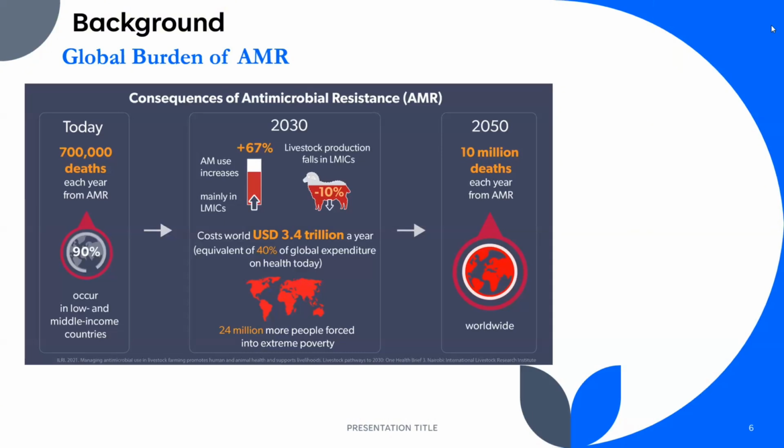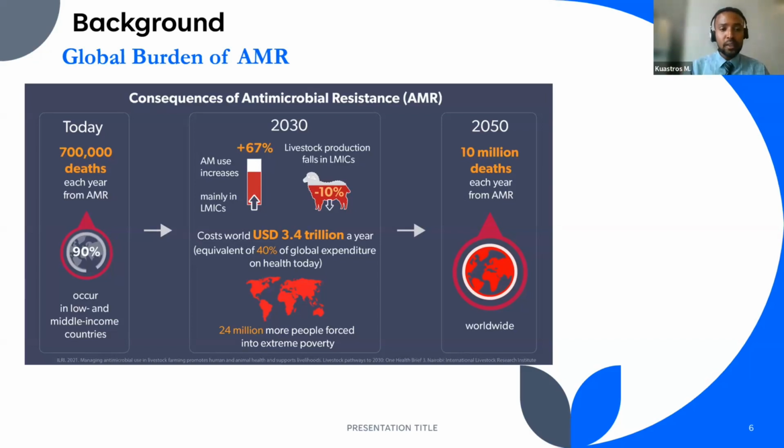And by 2030, particularly in LMIC countries, as you see in the middle picture, the livestock production falls by 10%. You see, it's really a lot of loss in terms of production because of antimicrobial resistance.